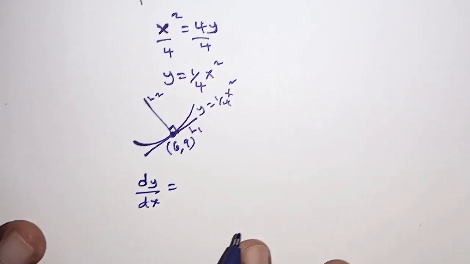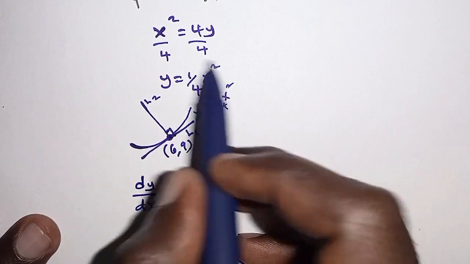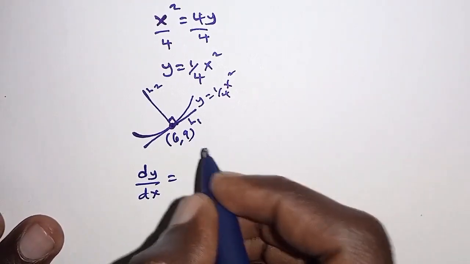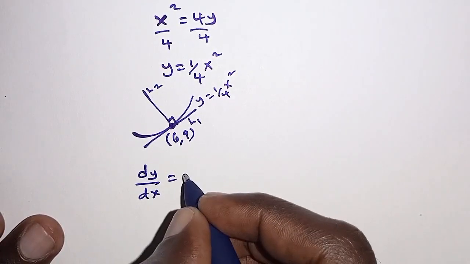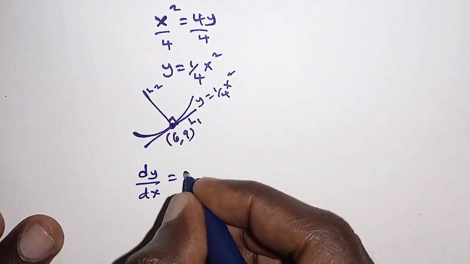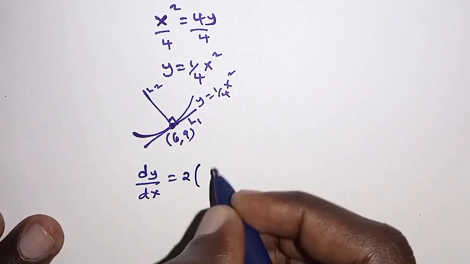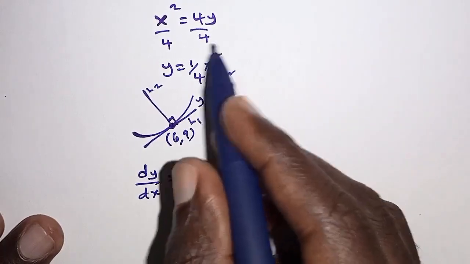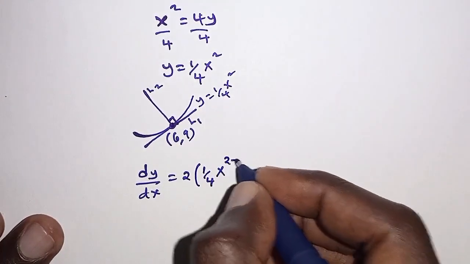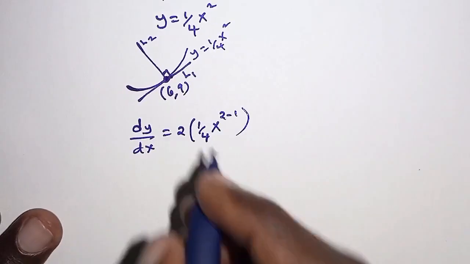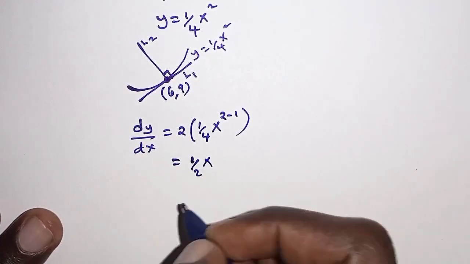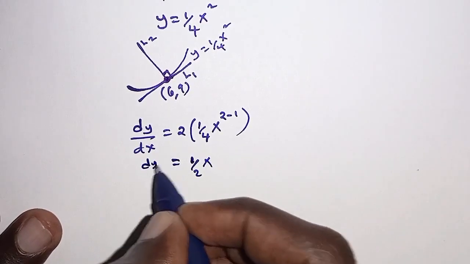That means you're going to differentiate this function, y is equal to a quarter x squared, and that means you're going to have the power 2 multiplying 1 over 4x, and then this power decreases by 1, and that means we are going to have a half x. So that is dy/dx.